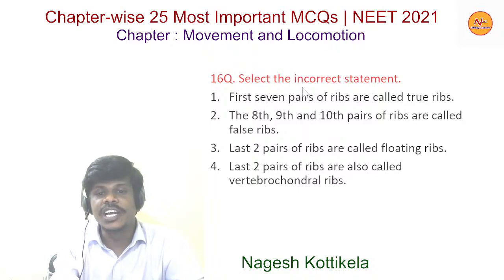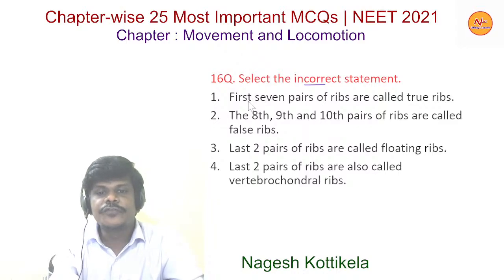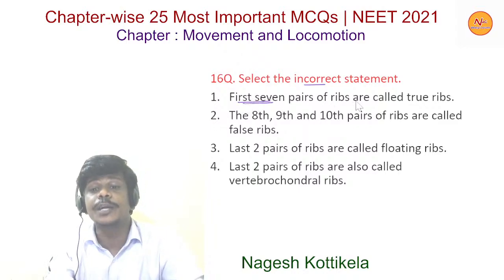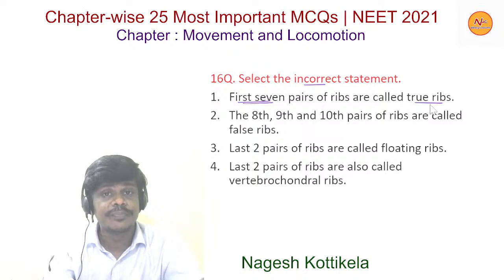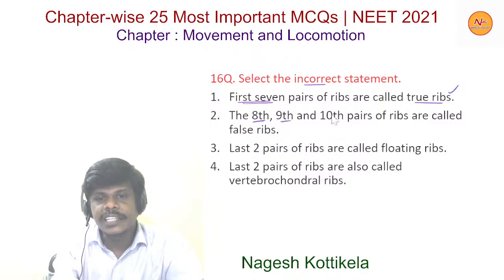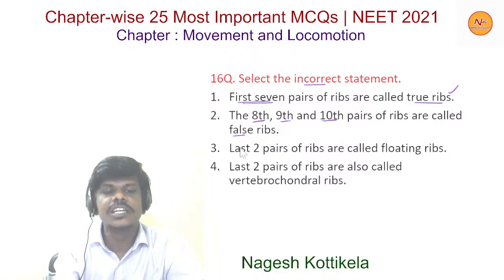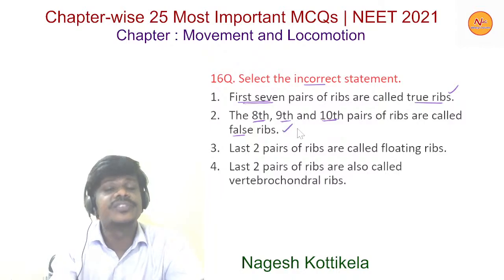Question number 16. Select the incorrect statement. Option 1, first 7 pairs of ribs are called true ribs. It is correct. Now the second, 8th, 9th and 10th pairs of ribs are called false ribs. This is the correct one.